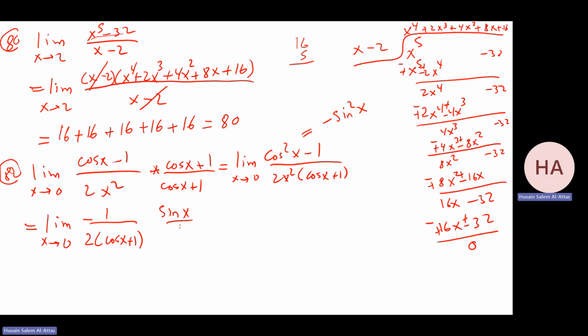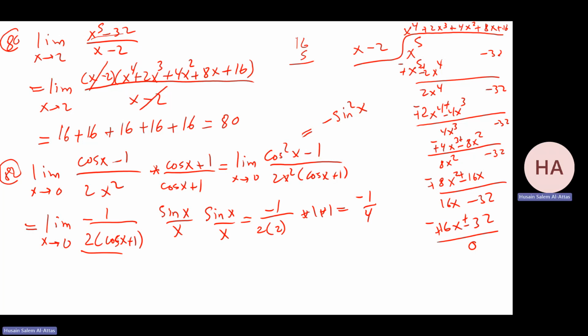I can make this sine x over x, sine x over x, which is my special limit. And this is just substitute. So you have minus 1 over 2 times (cosine 0 is 1, 1 plus 1, 2) times 1 times 1, which is minus 1.